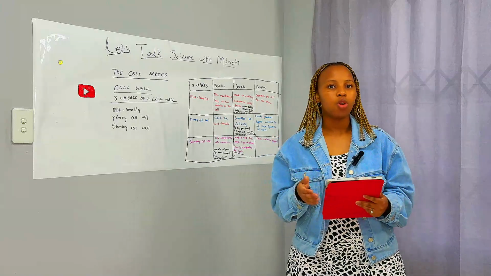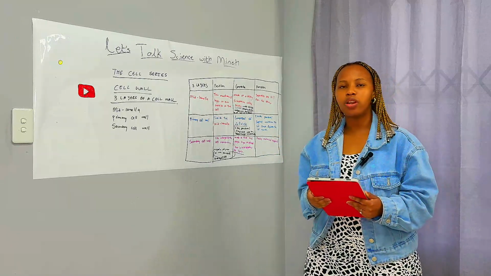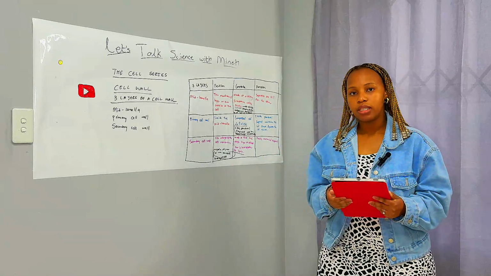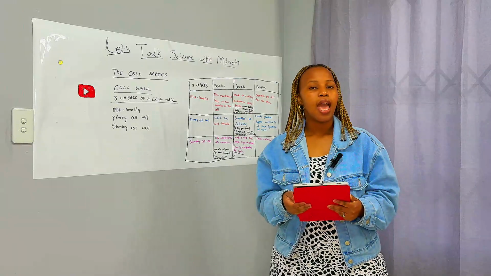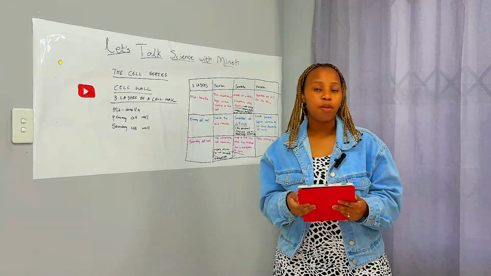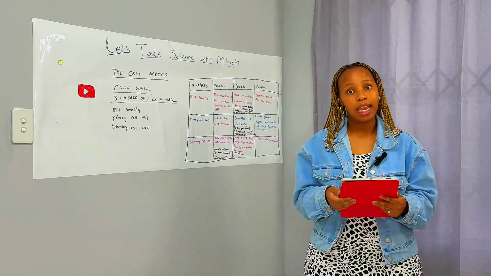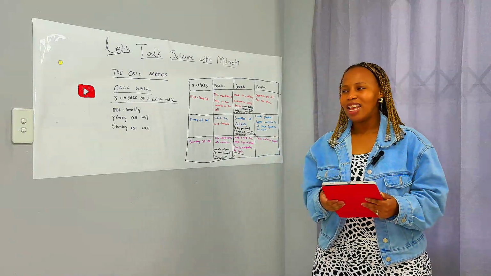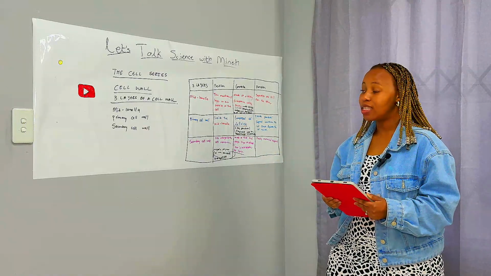That is what we call cell division, which we'll talk about later, where we get to talk about mitosis and meiosis. And they also tell us that cells carry our DNA. So let's get into it. Let's talk about the cell wall.